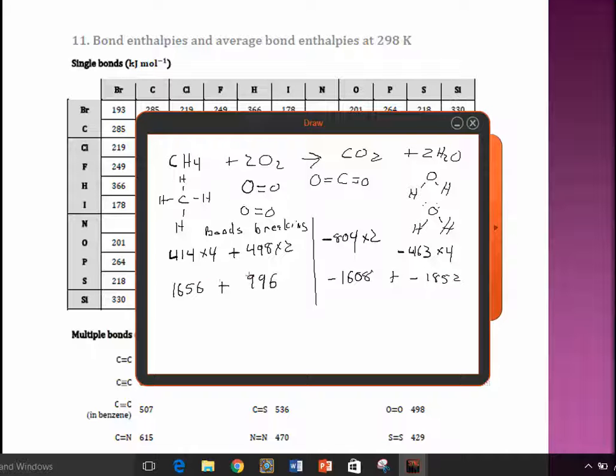So I just need to add all this together. This plus this plus this plus this. And we end up getting negative 808 kilojoules per mole. So there we've done it. We've calculated the heat of combustion of methane using bond enthalpy data. Our value is negative, which is good. That makes sense. Combustion's exothermic. We're required to know that. So our answer makes sense from that point of view.